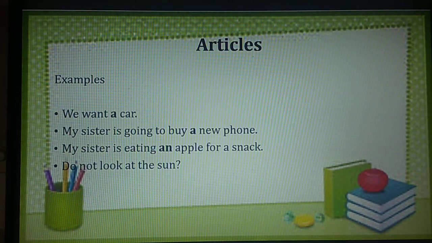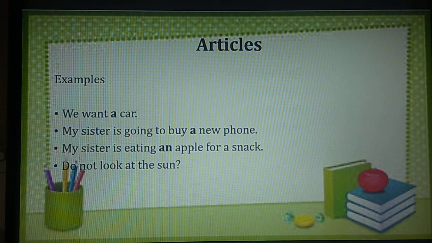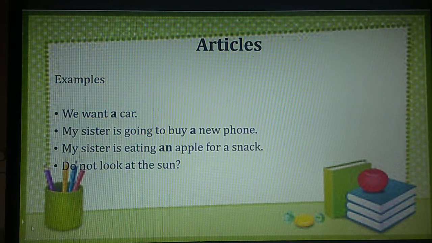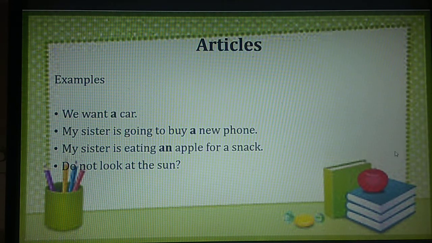So here the examples go like this. We want a car. Car is a noun having a consonant sound, so I am using the article a, which is a determiner. In the second case, my sister is going to buy a new phone. Phone is my noun having the consonant sound and new is my adjective, and before that I have put an article a, which is playing the role of determiner.